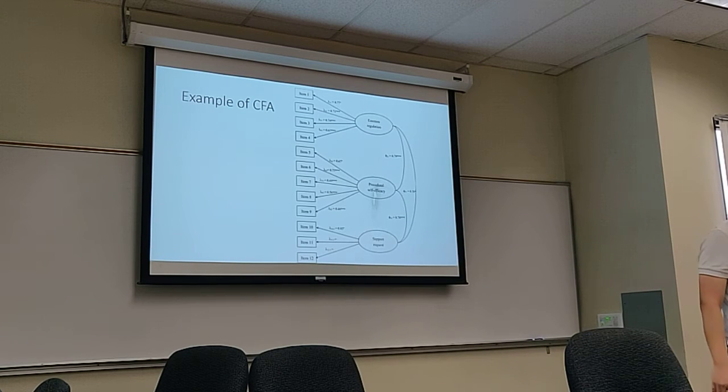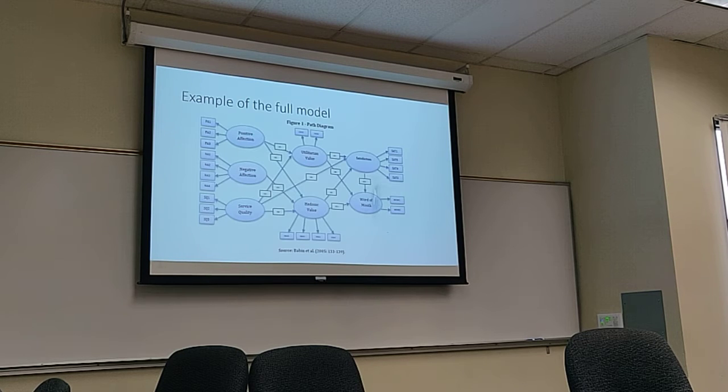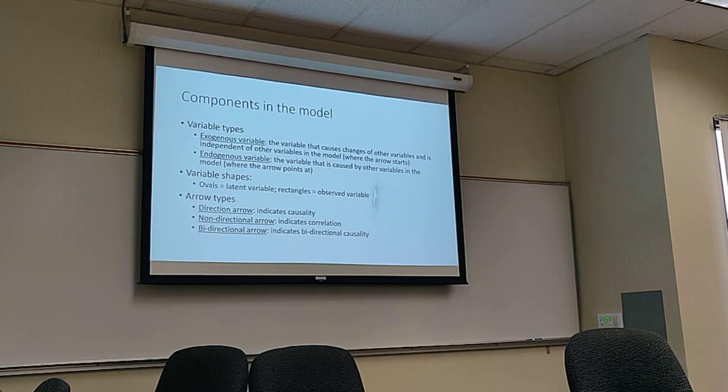They are just correlated; there's no direction of the relationship. And there are also bidirectional arrows, which are really rarely seen, but they mean that the variables cause each other, so a bidirectional causal relationship. So those are the components in the model.